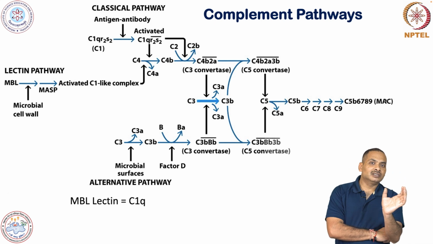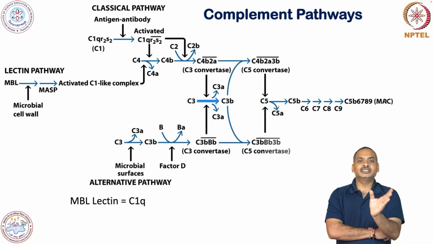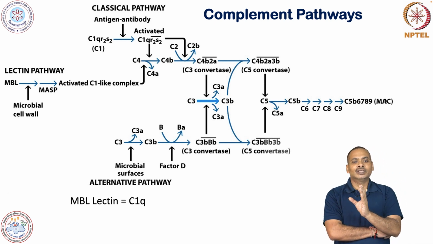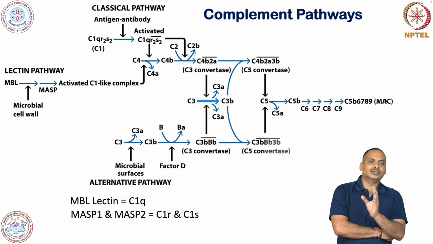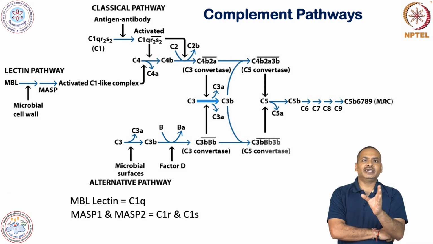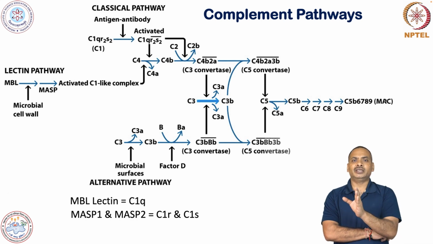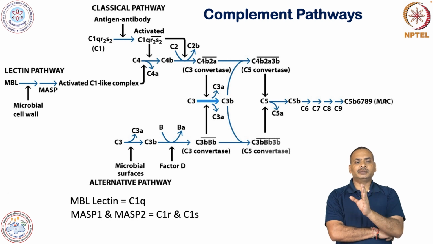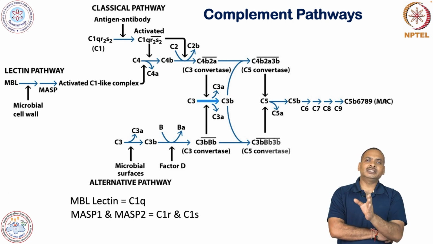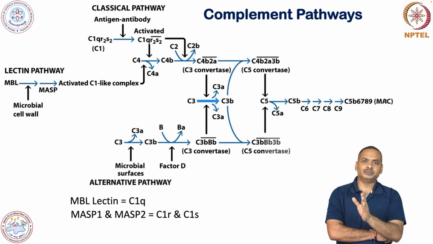MBL is like a C1q, and there is a protein known as MASP. There are two kinds of MASP, MASP1 and MASP2. MASP1 is like C1r and MASP2 is like C1s.